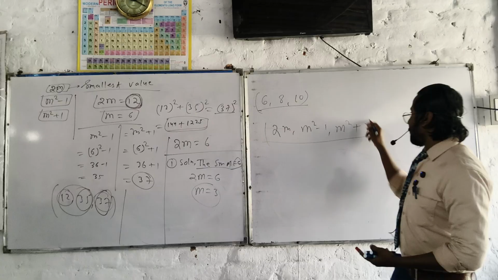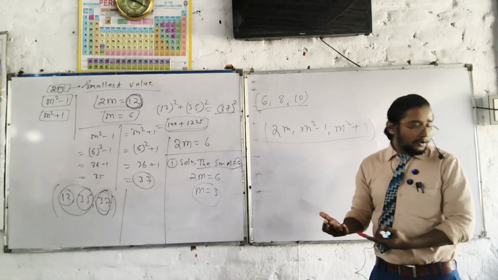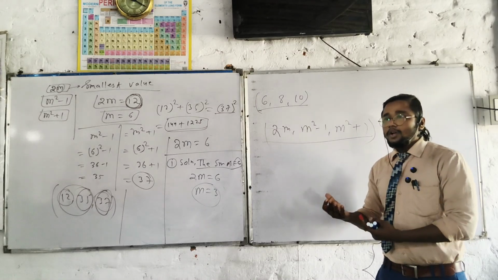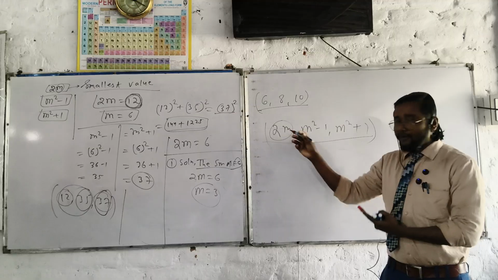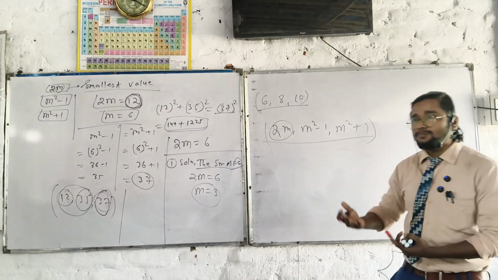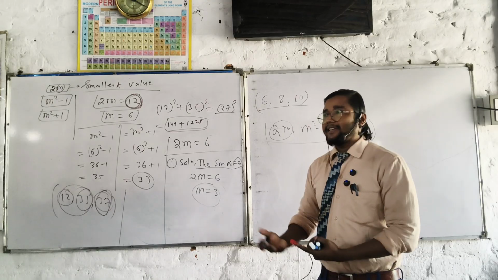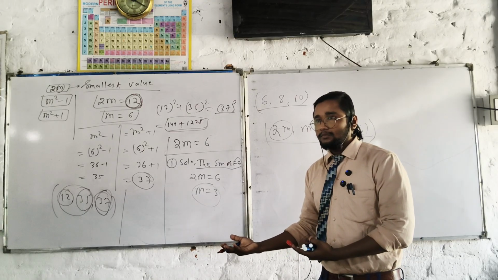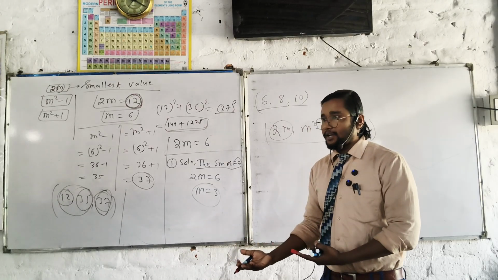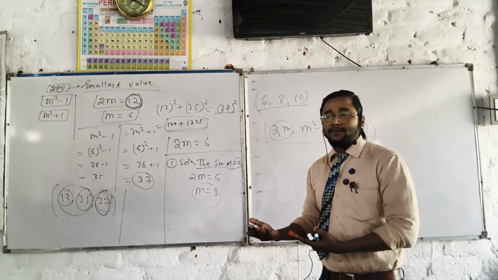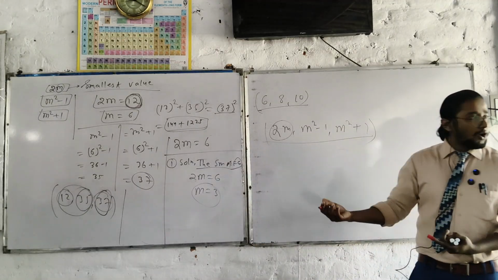From all three members in the Pythagorean triplet, this is the smallest value, or we can say the smallest member. In case of the natural number except 2, value of m equal to 2, except 2, in the rare case. Otherwise, all the time, we will get 2m as the smallest value.